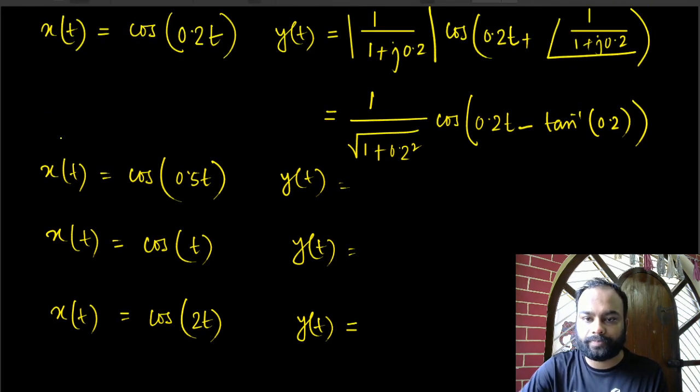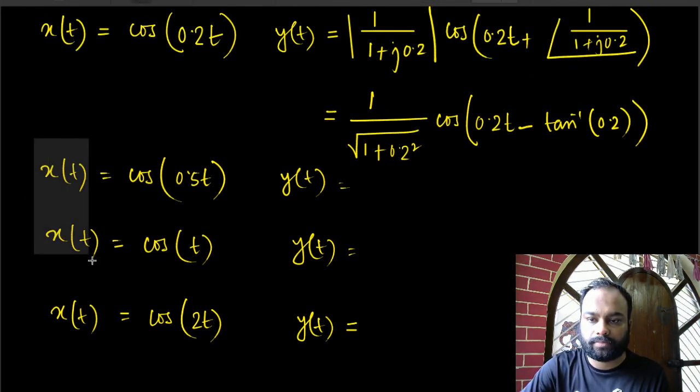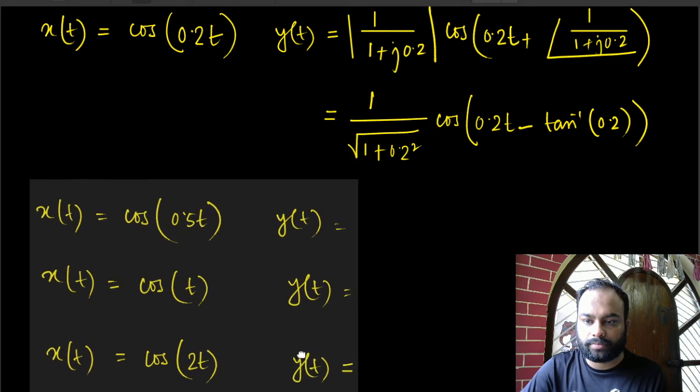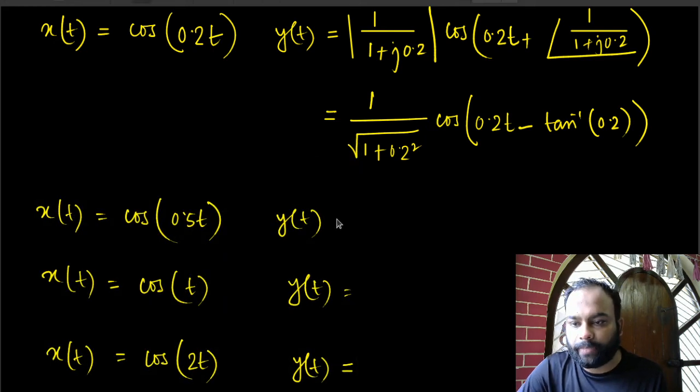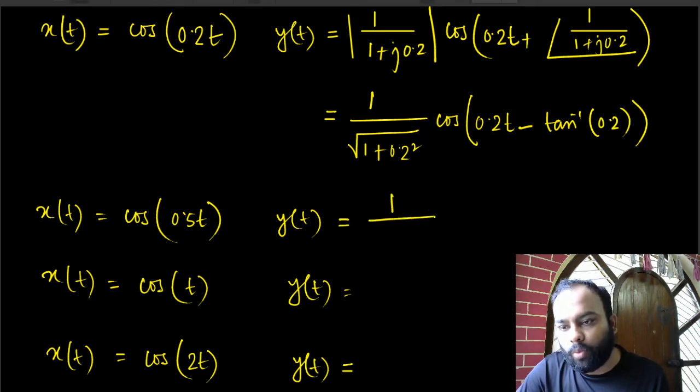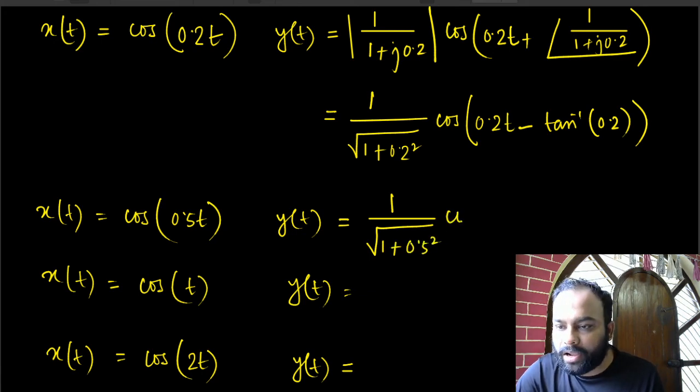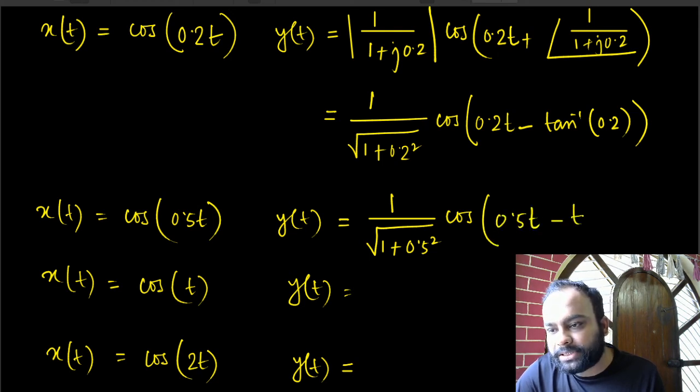All right. Consider the next situation. Similarly, what is the output here? The output would be 1 by root over 1 plus 0.5 square and then cos 0.5t minus tan inverse 0.5.